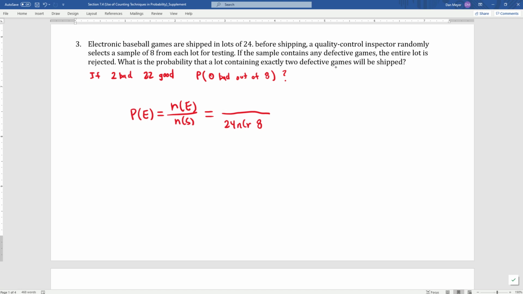For our event, if none of them are bad, then all of them are good. All 8 are good. And so for our event, we're still picking 8, but we're only picking those 8 from the good. So the numerator here would be 22 choose 8.